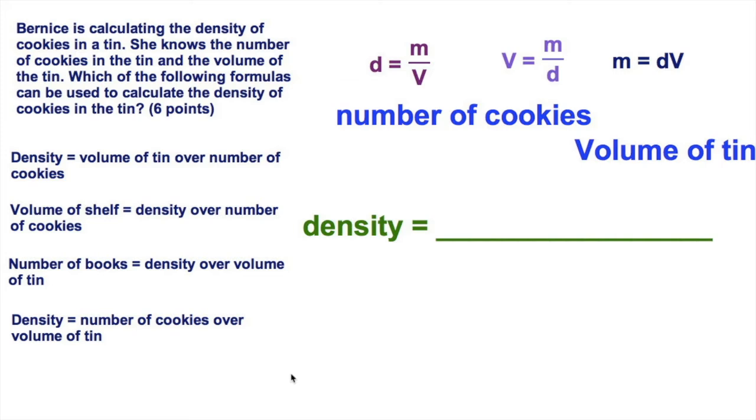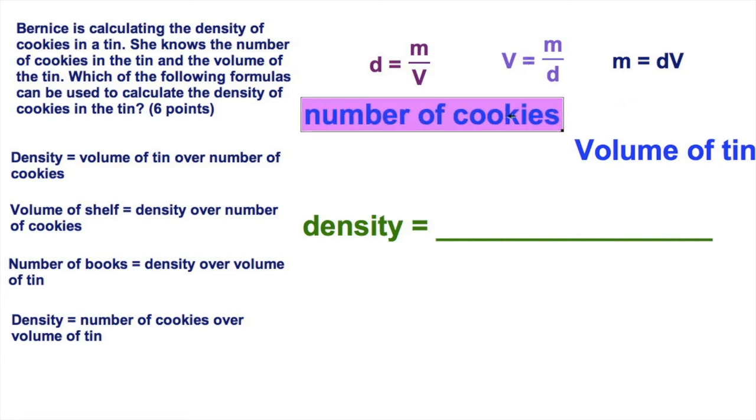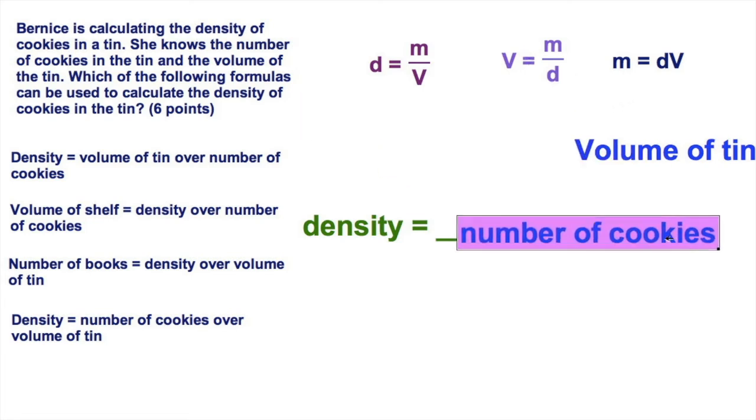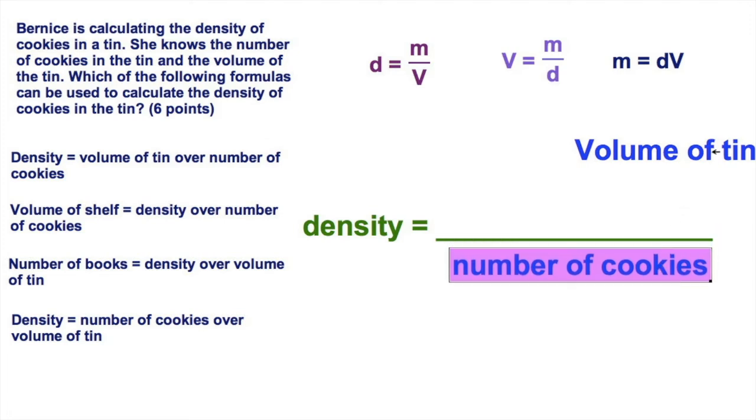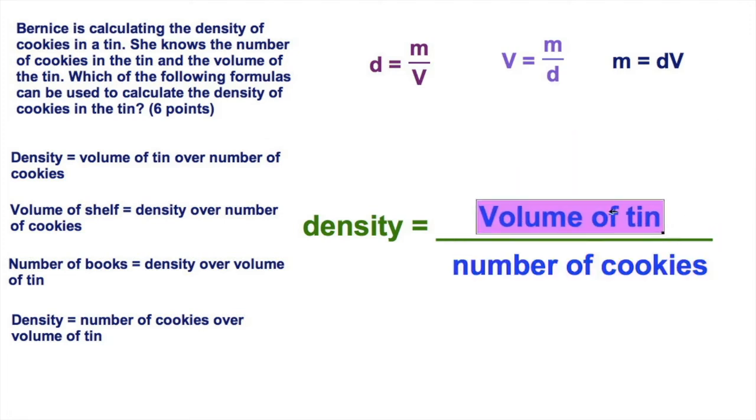Oh no, not the density problems. Ah, the density problems. We don't cover this in our textbook, but it's in this unit. So we're trying to find the density, and I know they got you these things here: density equals mass over volume, etc. You can just take these two phrases and move them around till they make sense. If I put this one on the top, that doesn't make any sense.